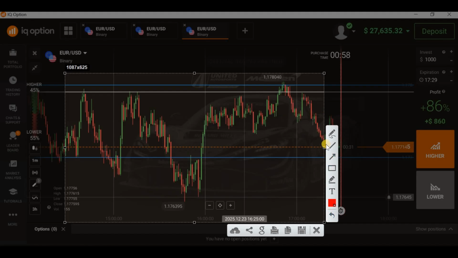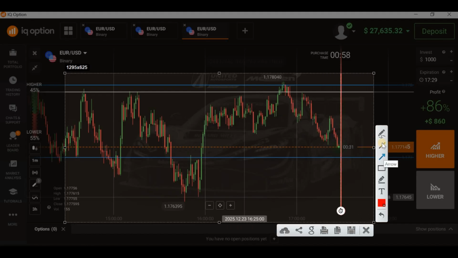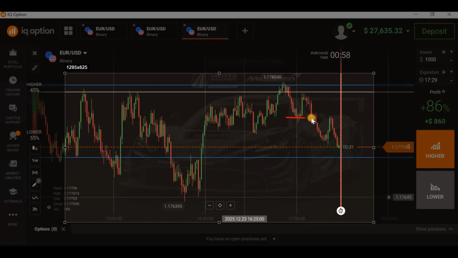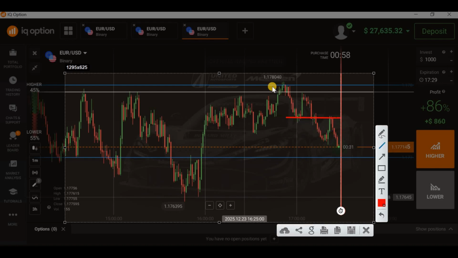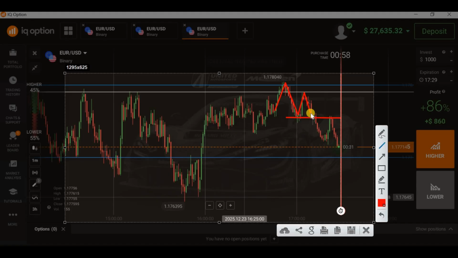Okay, perfect. Now when you take this neckline, after this upward movement, when you see a breakout of this with a candle, you have to wait for a pullback back to the neckline.